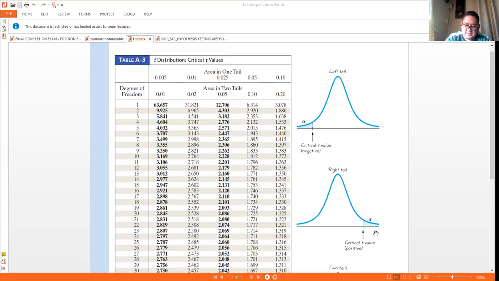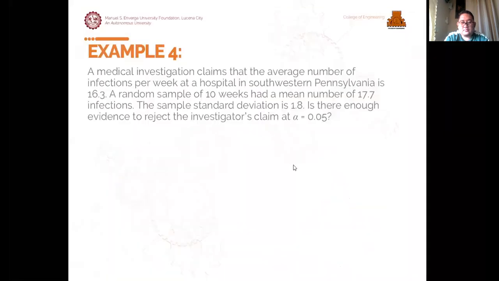So, go back to our slide. Okay, this is a sample. A medical investigation claims that the average number of infections per week at a hospital in southern Pennsylvania is 16.3.